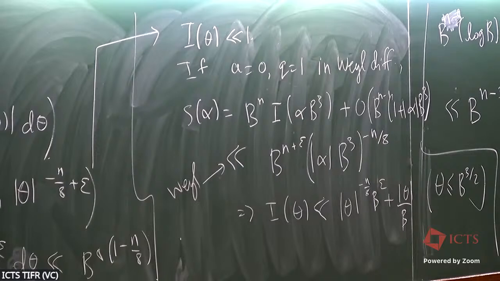I have to be careful in doing this, so one has to choose some things a little more carefully. Let's choose b to be theta to the n by 8.